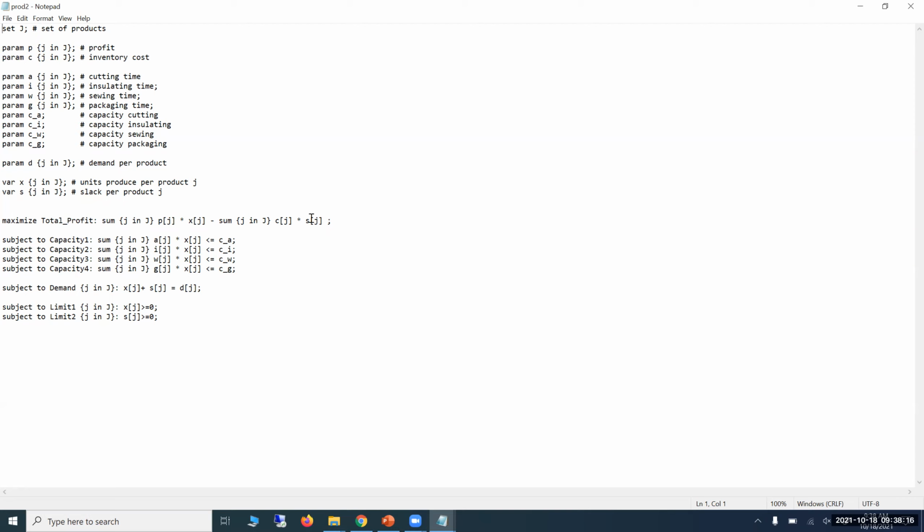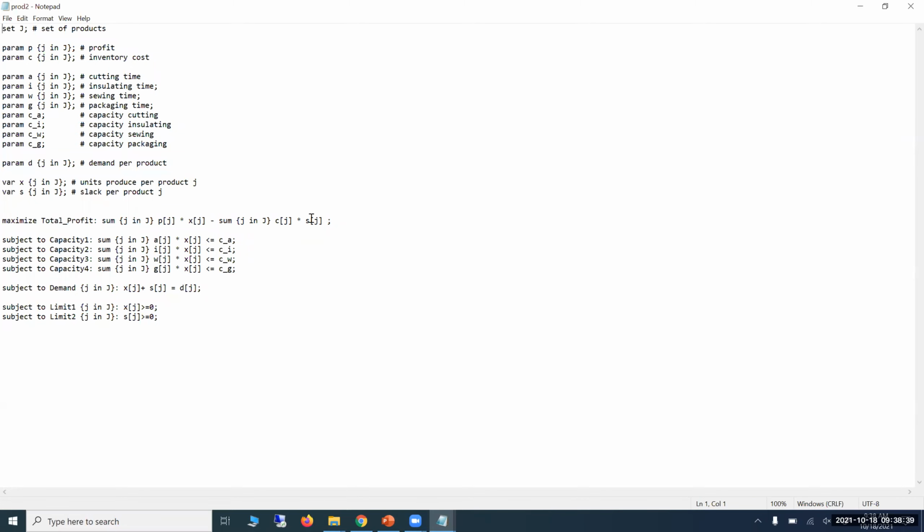And then I'm listing, or defining, the parameters for each one of the parameters of this problem. So we have the profit, we have the inventory cost, we have the cutting time, the insulating time per product. That's why you have that parameter indexed by j in J, because for each product we're going to have a different parameter.